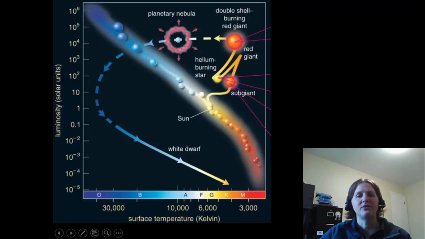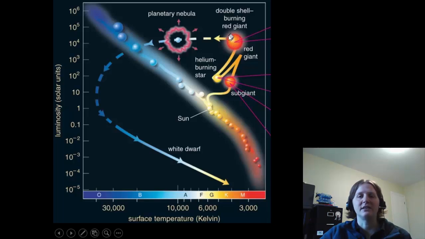So we can come back to the HR diagram. We already talked about the main sequence and how it gets bigger and brighter as it becomes a red giant, how it hops down here as a helium burning star. But now we can keep going. Once it runs out of helium in the core and it turns into a double shell burning star, it works its way up. More extreme fusion, until it reaches as high as it can go.